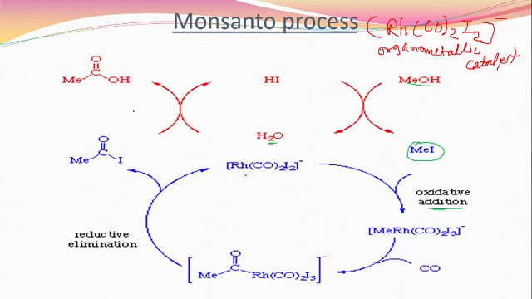Okay, here this coordination number is 6, and whenever we get the product, the coordination number is 4. Here you can see this Rh(CO)2I2, on oxidative addition reaction, MeI is added to this, and there is a formation of MeRh(CO)2I3 minus. Then here both reactions are shown in one step only, that is what?